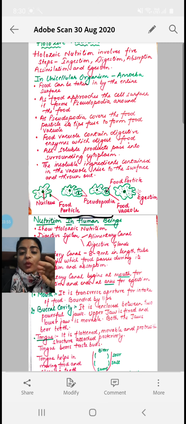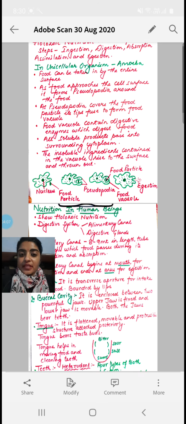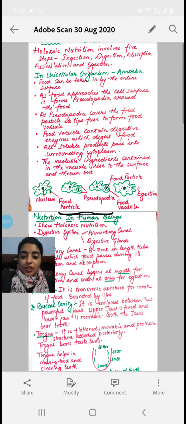And when the vacuole comes nearby the membrane of the amoeba and fuses with the membrane, it bursts out and all the waste product is released out via the egestion process.